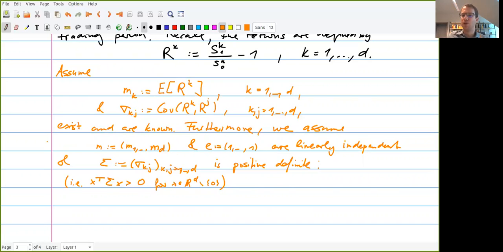So you want to clean up your market in the sense that you only have the essential assets to trade in. Otherwise you can fool yourself and create risk.